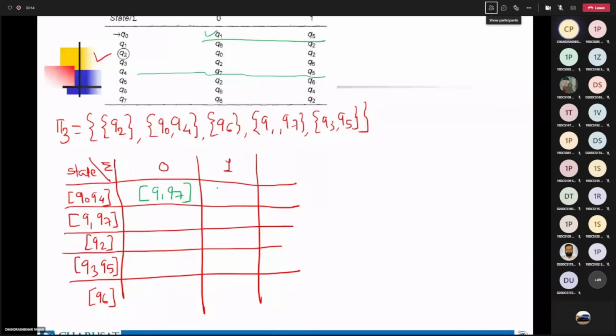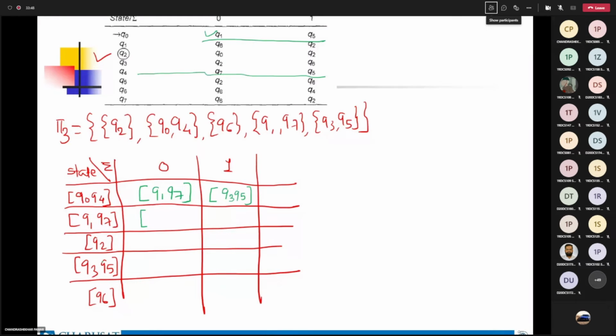So do not write down only 5. Try to write down Q3, Q5. Because we have the combination. Q5 separate state we don't have now. It is combined with the Q3, Q5. It is one group now.